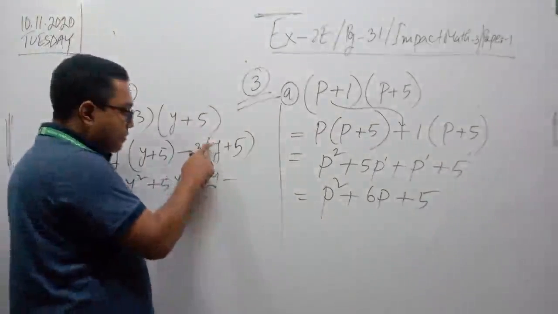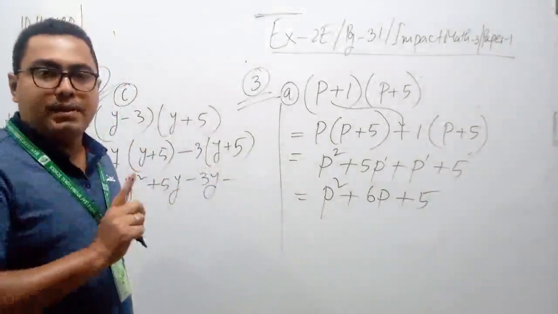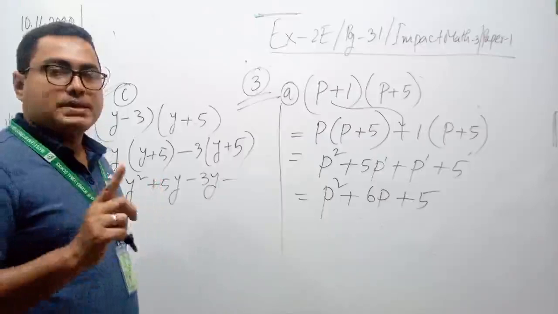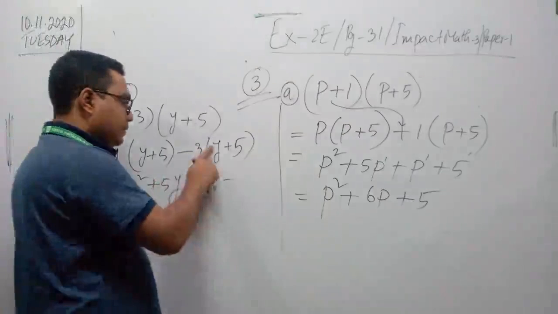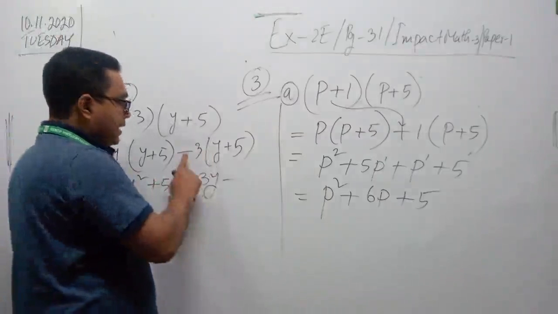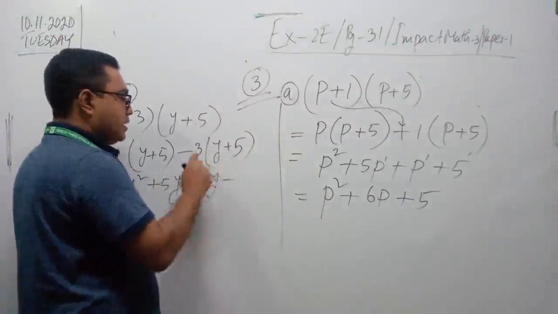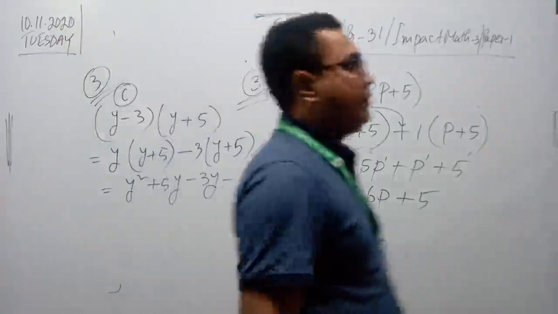Minus 3 plus y, minus into plus. When opposite signs are multiplied with each other, the final sign will always be minus. Here minus sign, plus sign, minus. Minus 3 plus 5. Minus into plus, minus first, then 3 into 5, it is 15.